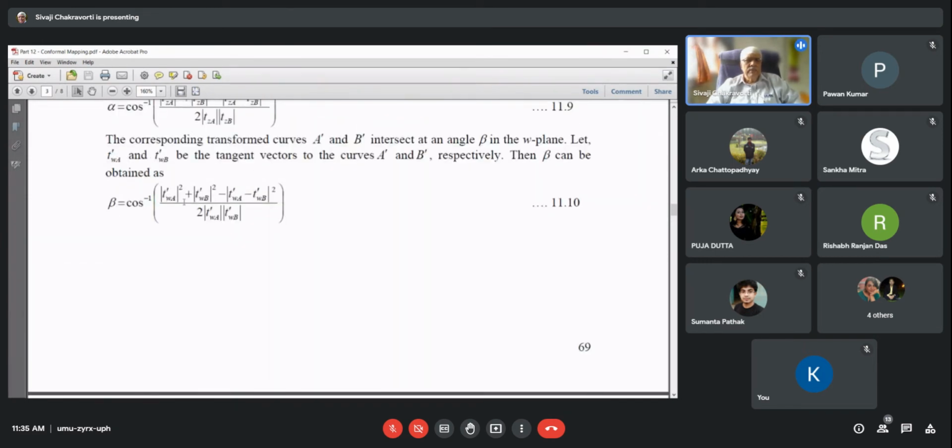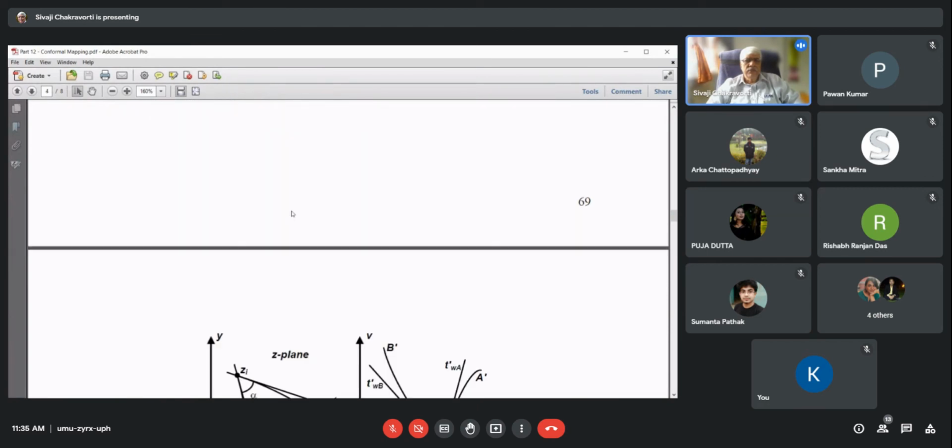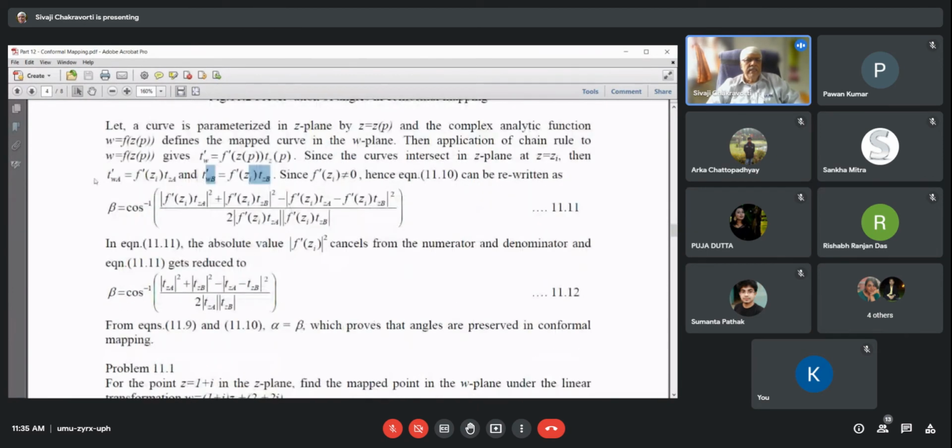Here you can see T_wB, and we have written here two functions for T_wA and T_wB. So we replace it, we get 11.11. And then we eliminate the absolute value of f'(z), which is non-zero, so we can cancel it from numerator and denominator, and therefore I get cos beta, 11.12.